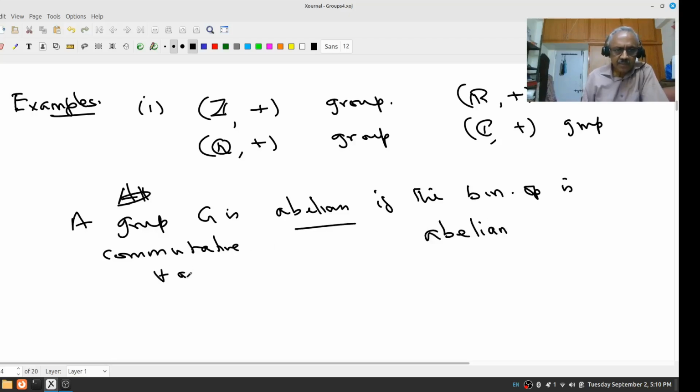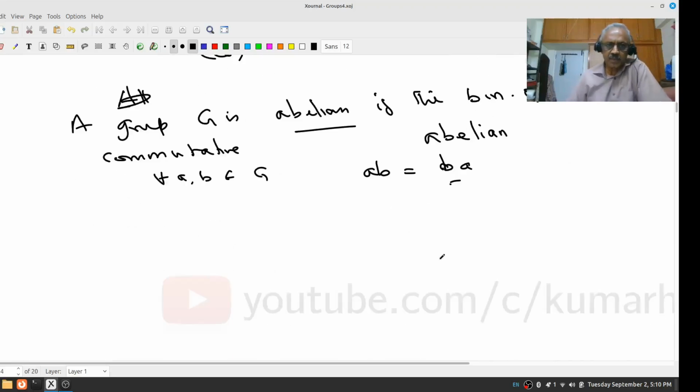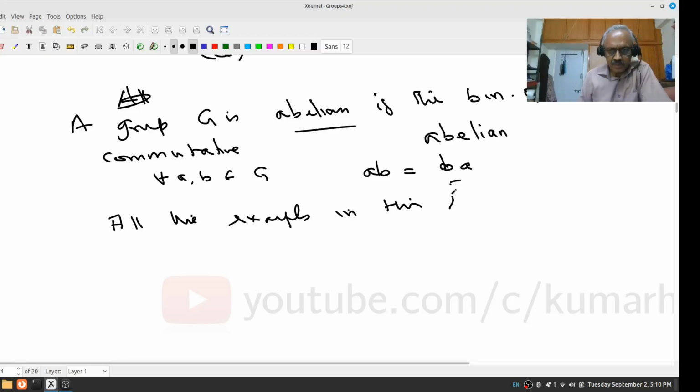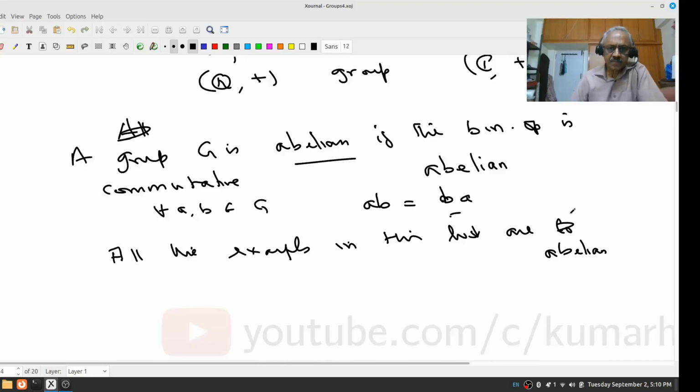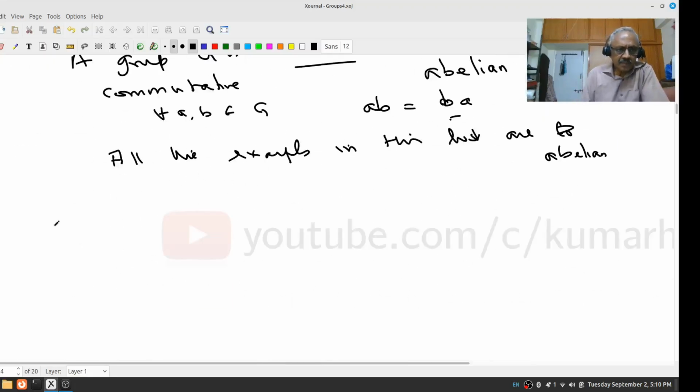That is, for every A and B in G, the product AB should be the same as the product BA. We call it a product, the group product. So all the examples in this list are commutative, abelian. And the next example is also abelian.